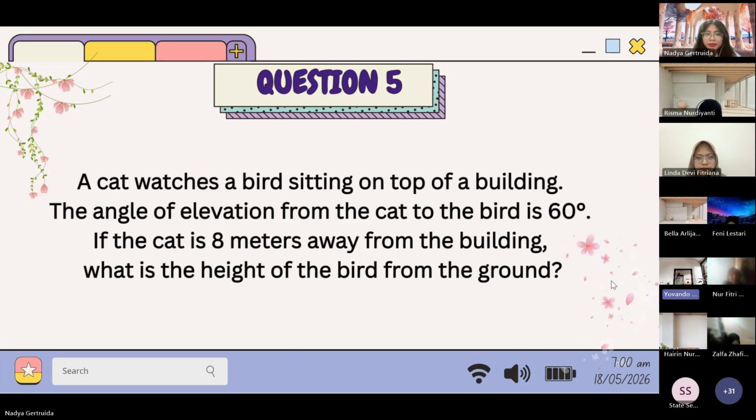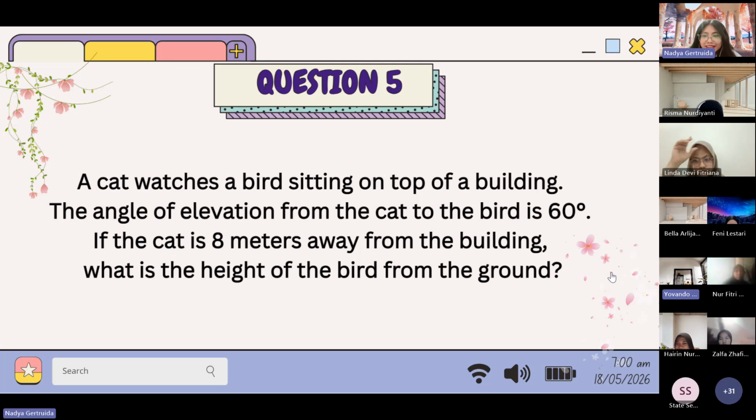We can start from 8 over sine 60 degrees equals x over sine 30 degrees, and we can find the answer: x is 8 multiplied by the root of 3.